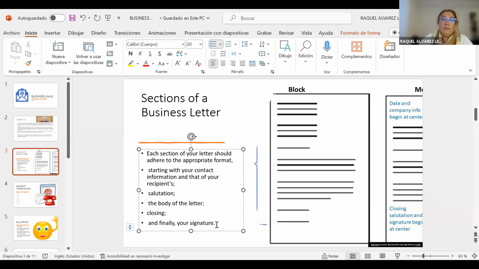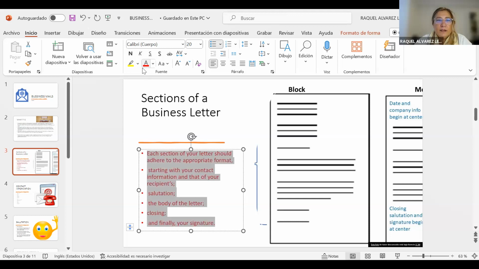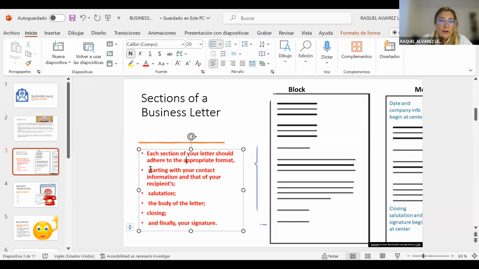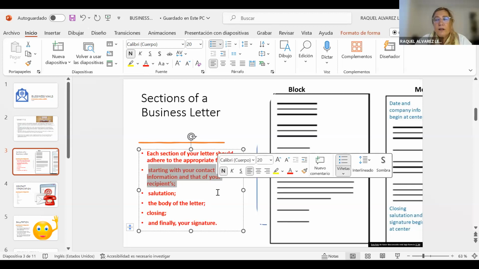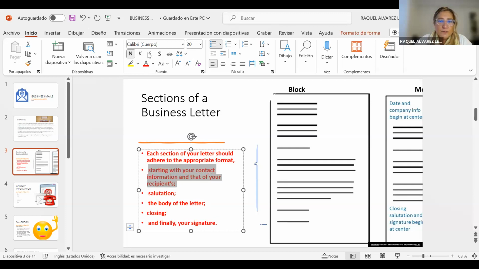Okay, so important. When we talk about the sections of a business letter, no matter what your business letter is, always start with your contact information and the contact information of the other company or the other person you are writing to.